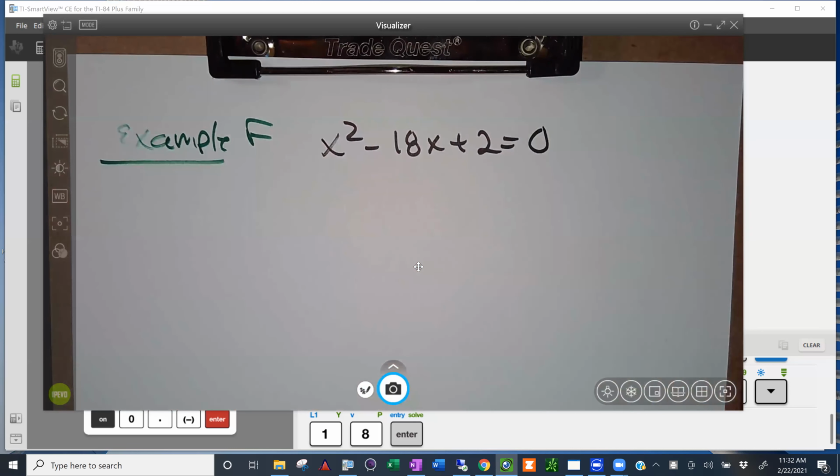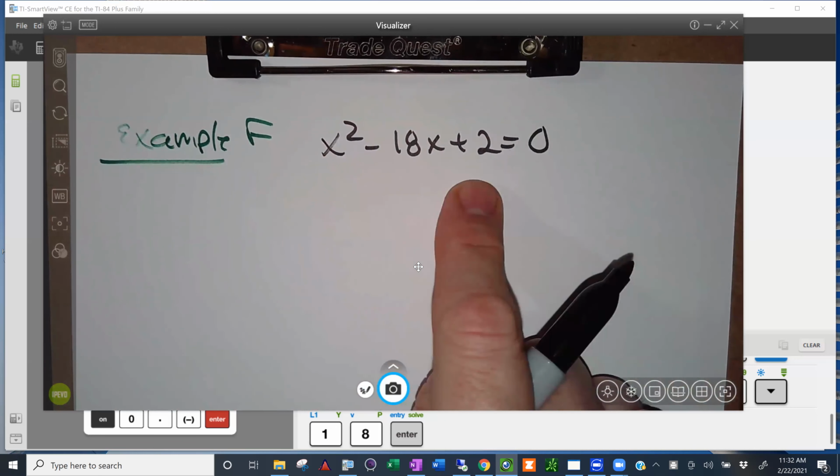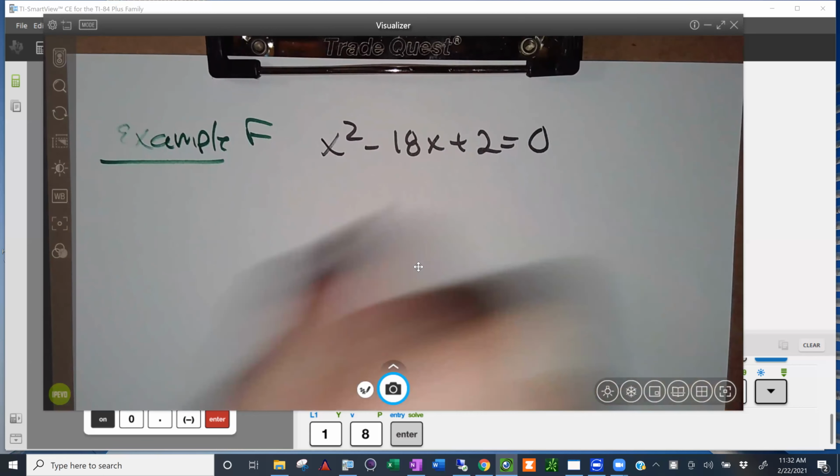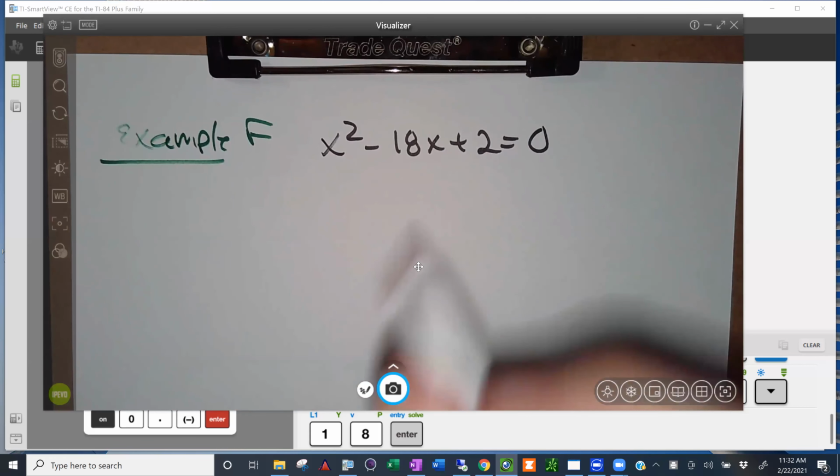Now, the first thing you should look for when you do these types of problems is, can it factor? If it can factor, hey, factor it, solve it, be done with it. That's great. But if it doesn't factor, then you need to do something else. And one of the other possibilities would be to complete the square.